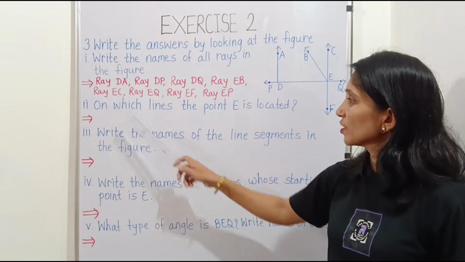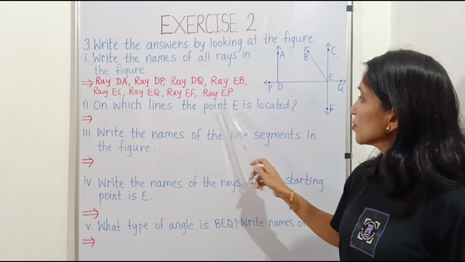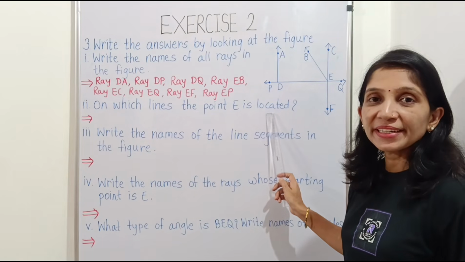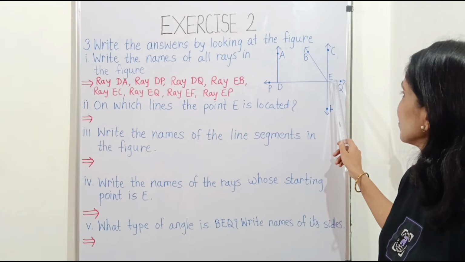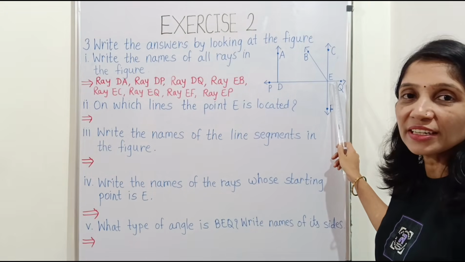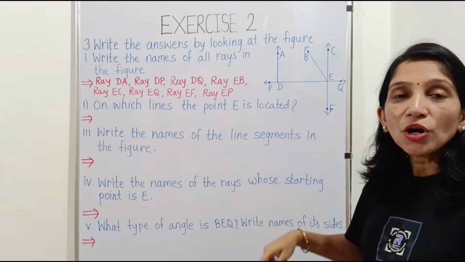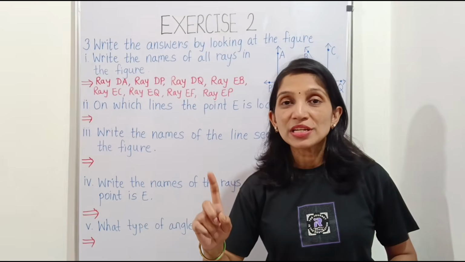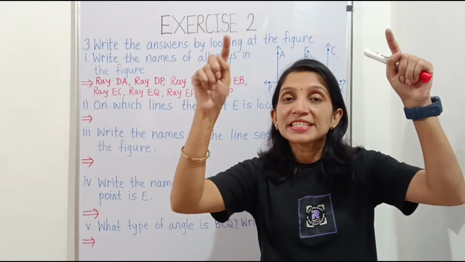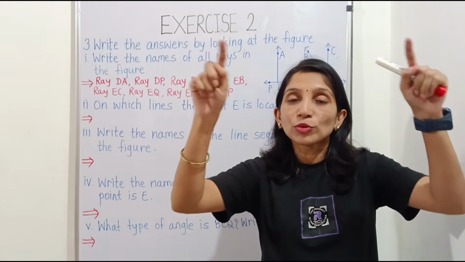Next, on which lines the point E is located? Let's see point E. Here. This is the point E. We'll have to find on which lines it is located. Line refers to something which extends infinitely in both the directions.